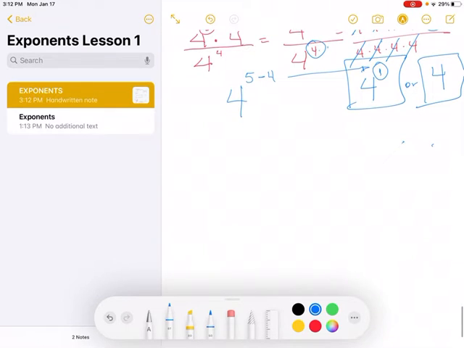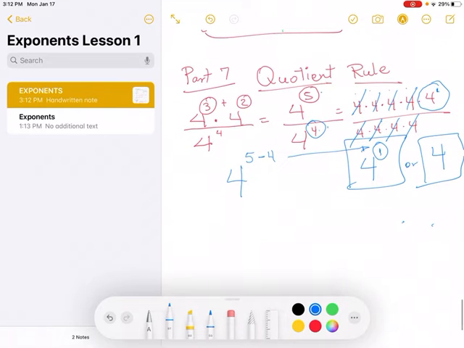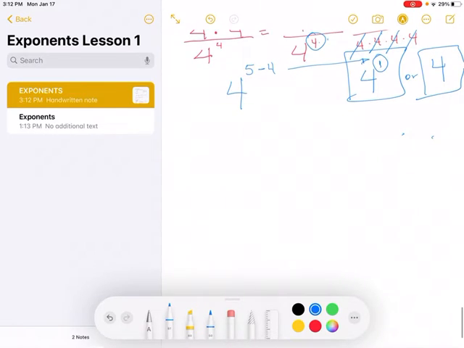Okay? So let's look at another example. First, press pause and make sure you copy that, please. Okay, now you're back. Now, let's look at another example. We have 3 to the 8th over 3 to the 6th, for example. Now, you don't have to do the expanded form all the time.